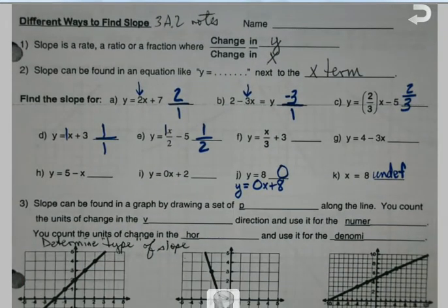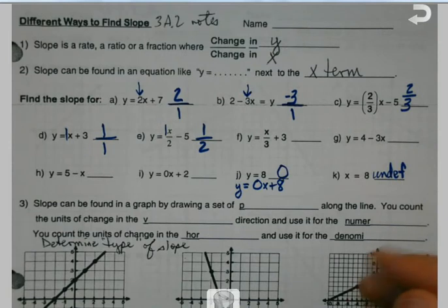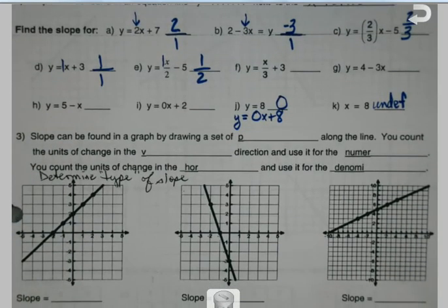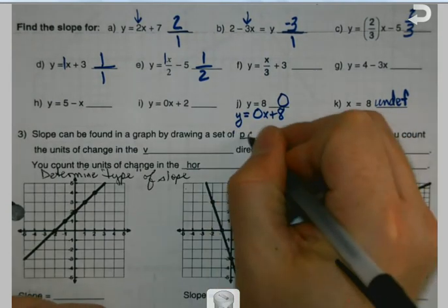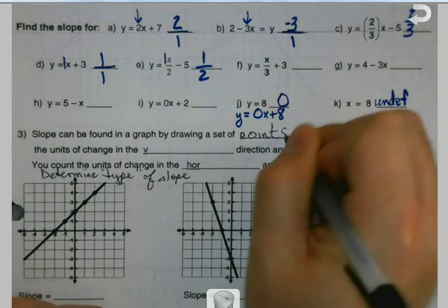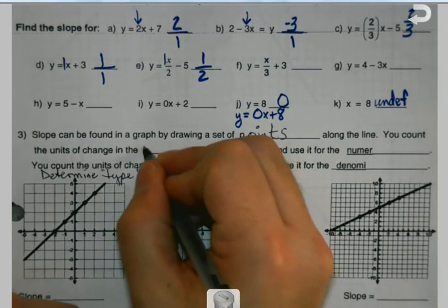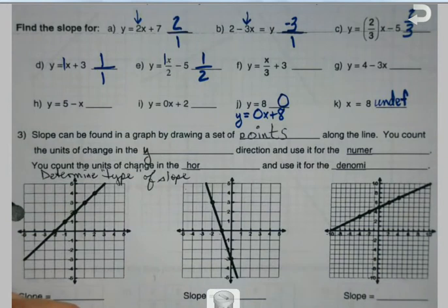Now, it's not just equations. Sometimes it can be found in a graph. So sometimes by drawing a set of points along a line, because a line's just a bunch of points, you can count the units of change in the y direction.